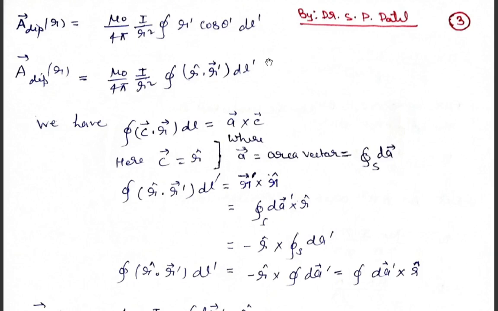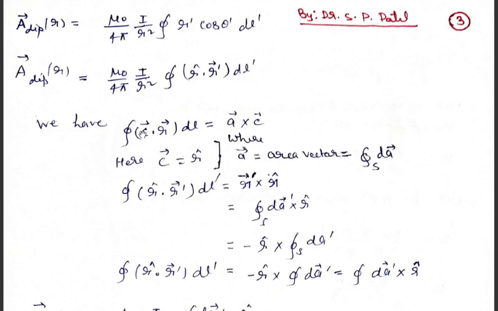If you see the last problem of Griffiths' first chapter, there is a theorem given as a problem in the book, and we have to solve it. The problem is: prove that the line integral over a closed path of the dot product of two vectors, let us say vector c dot r vector, is always equal to the cross product of the area vector and vector c.